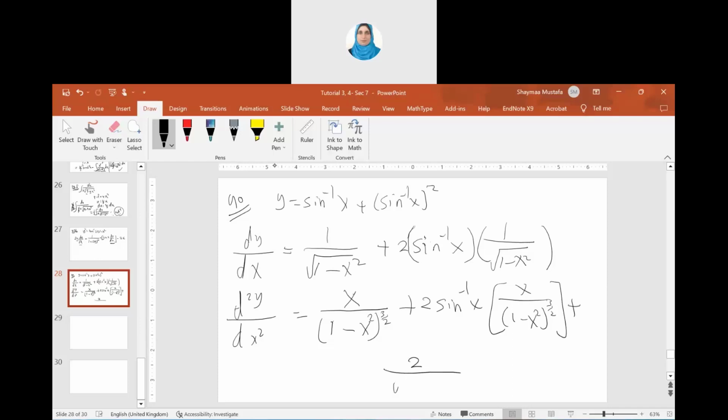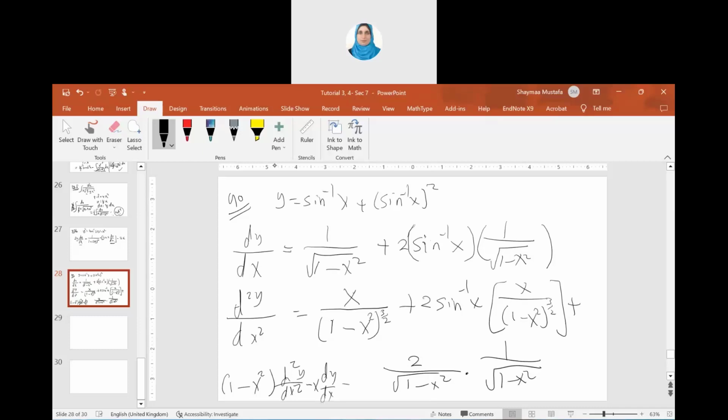Plus 2 over 1 minus x squared, derivative of sine inverse x, which is 1 over 1 minus x squared. Now take this one and this one, and substitute for this expression: d squared y dx squared minus x dy dx.